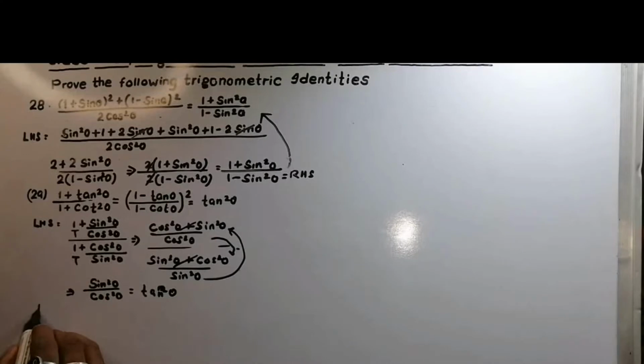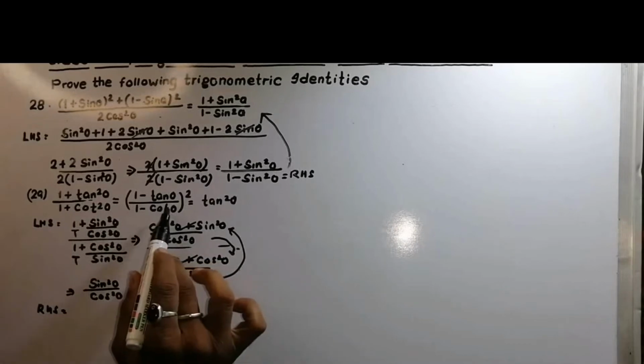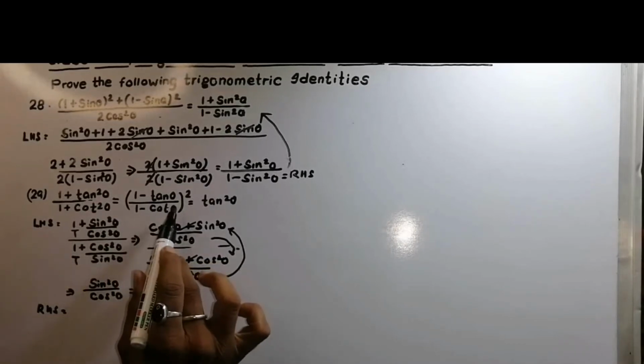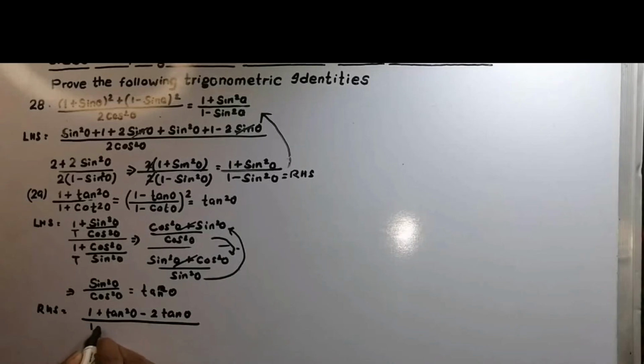If we take the right hand side, that means (1 minus tan theta upon 1 minus cot theta) whole square, we can write (1 minus tan theta) squared as 1 plus tan square theta minus 2 tan theta, and (1 minus cot theta) squared as 1 plus cot square theta minus 2 cot theta.